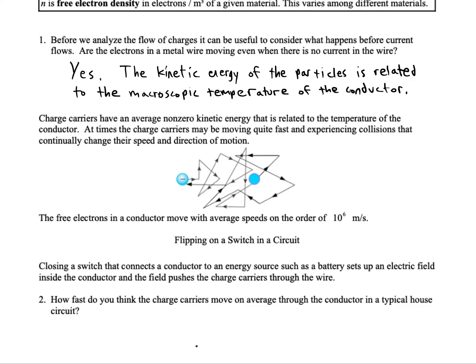So, for example, if you have a battery and some kind of circuit here, we'll have negative charges all throughout the metal.